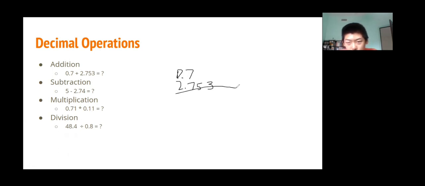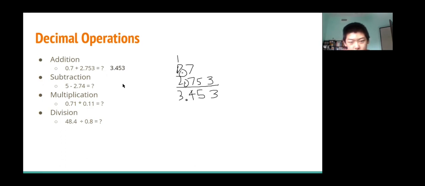Remember to always have the decimal point in the same row. So the decimal points must be in the same row. Then you just add like a normal addition. So the answer is 3.45.